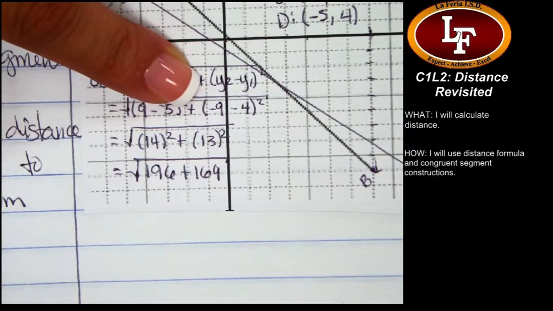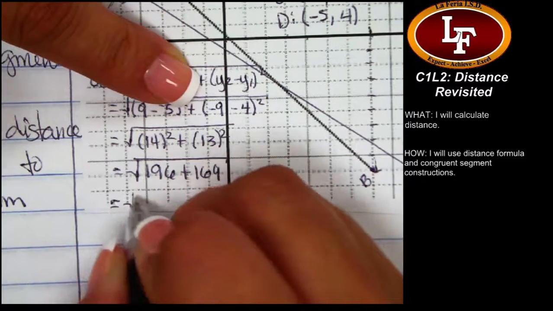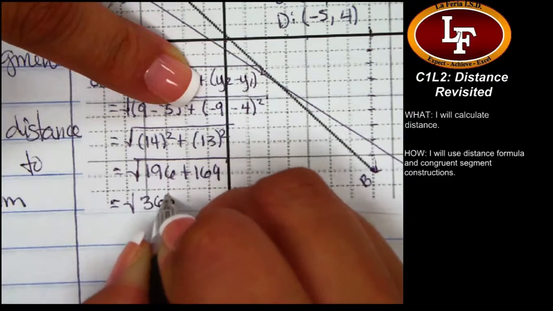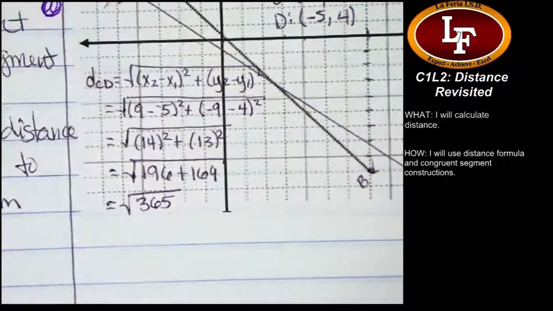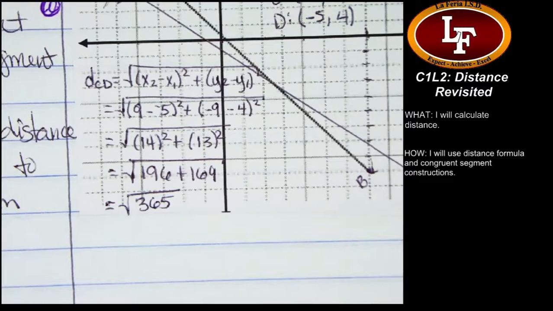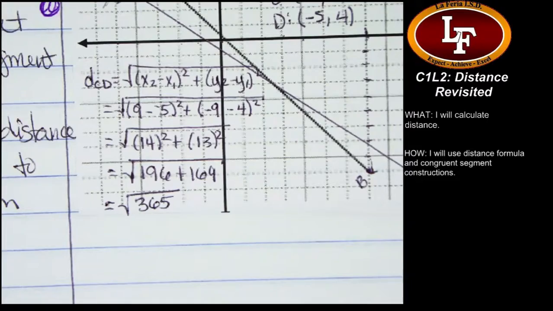Going to add those two together, and I'm going to end up with 365 under the radical, which I'm not going to bother calculating the square root of, though you can use chapter 0 lesson 9 to simplify it.